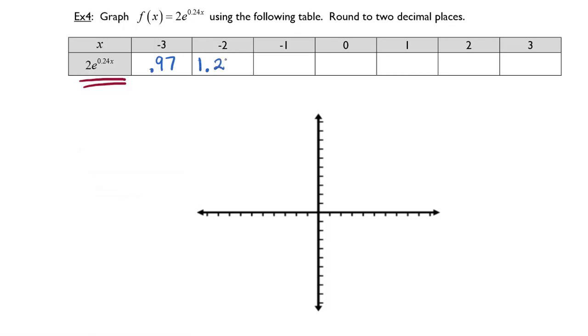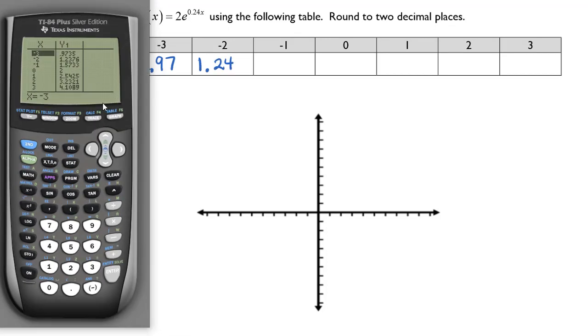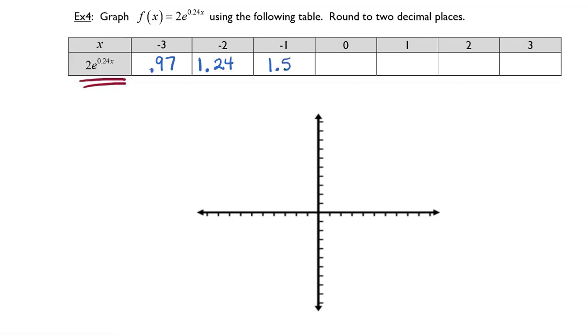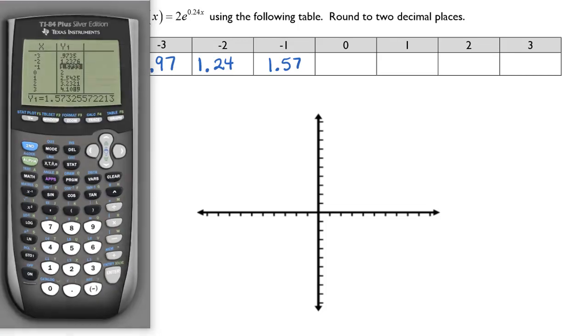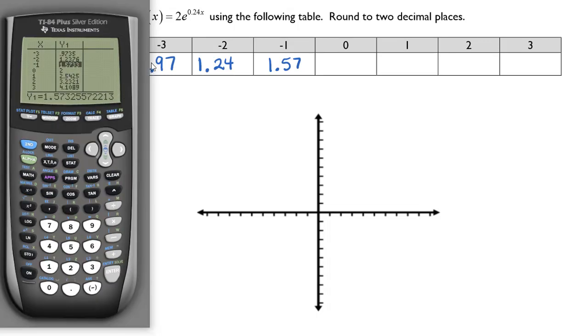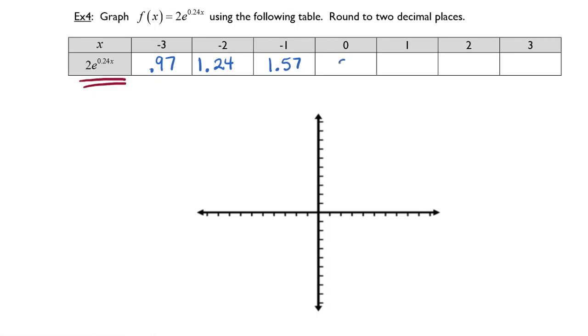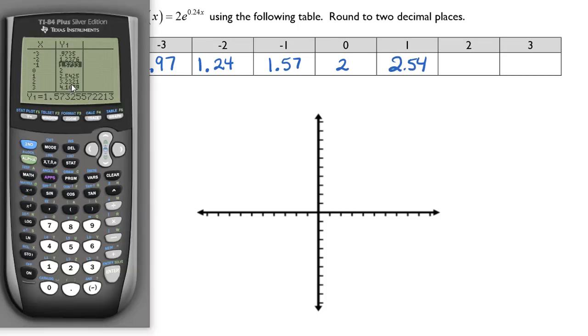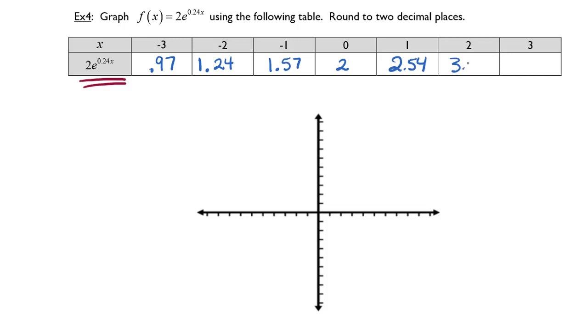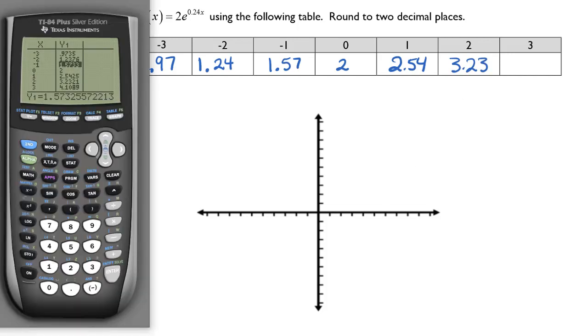For -1, we have 1.57. For 0, we have 2. And then for 1, we have 2.54. At 2, we have 3.23. And at 3, we have 4.11.